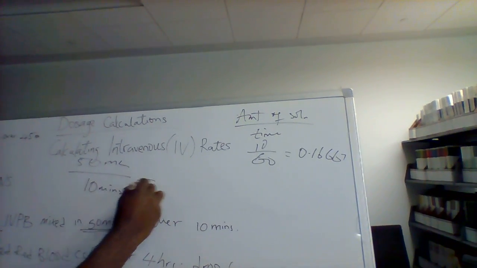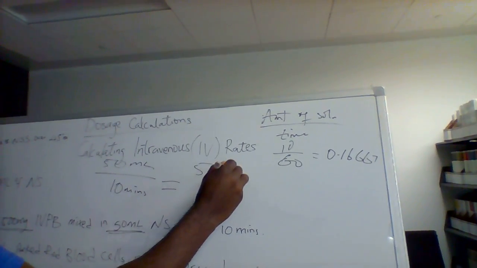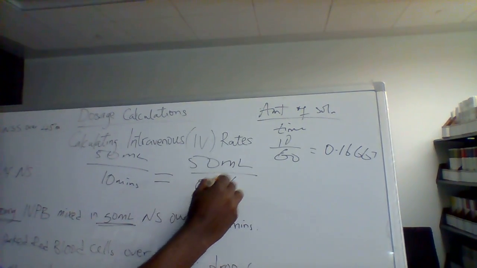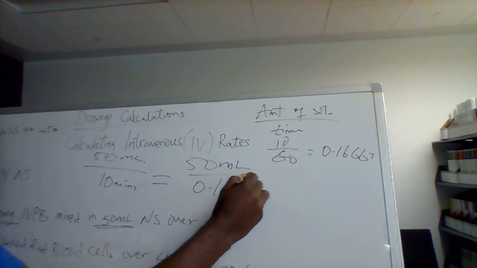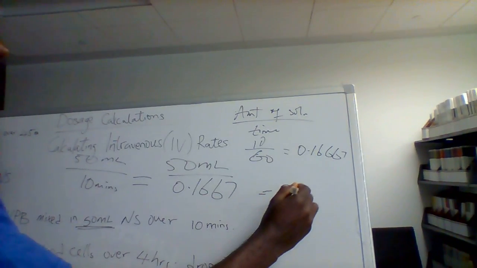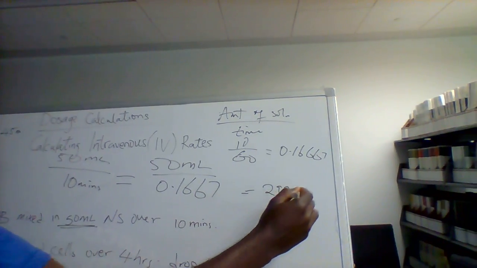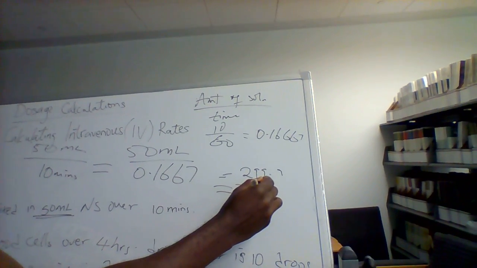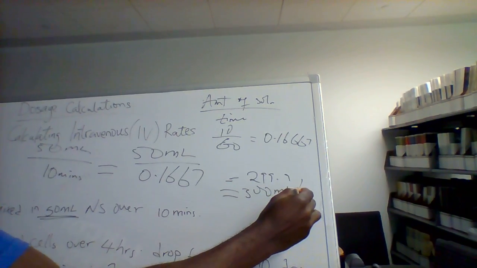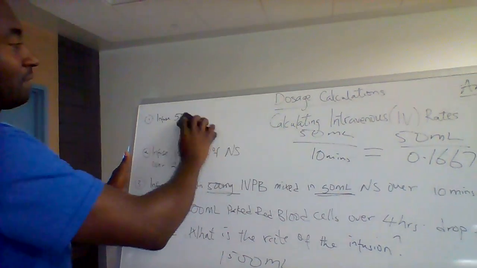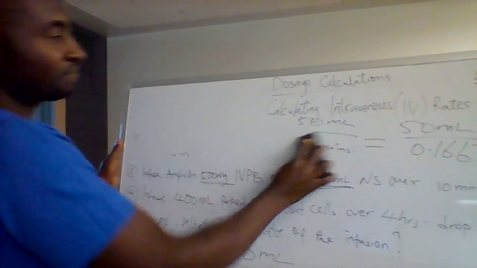So this is now 50 ml all over 0.1667, which equals 299.9, approximately 300 ml per hour. That's the third question.